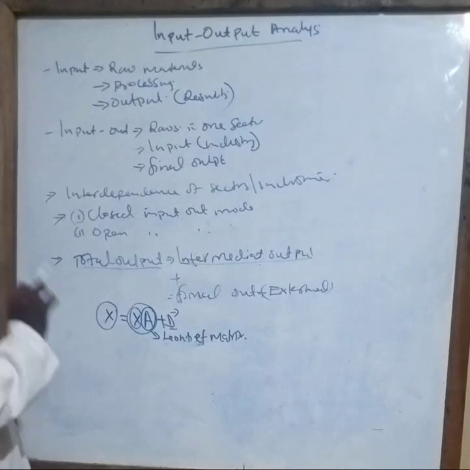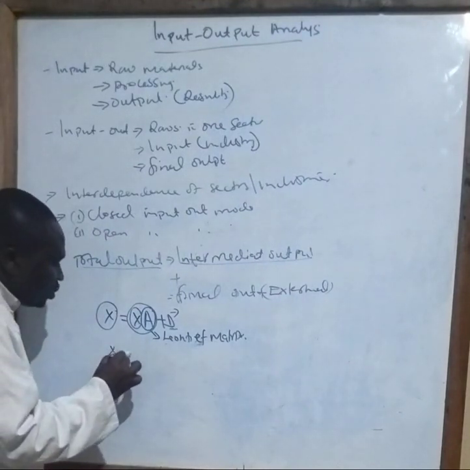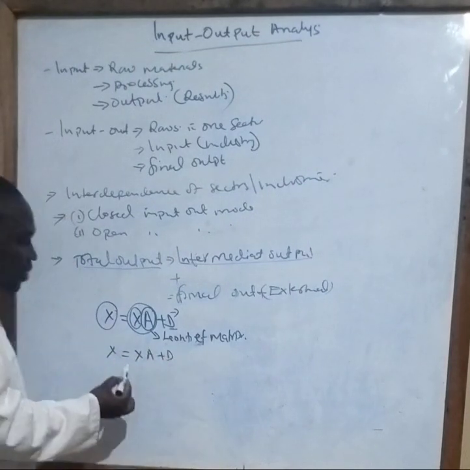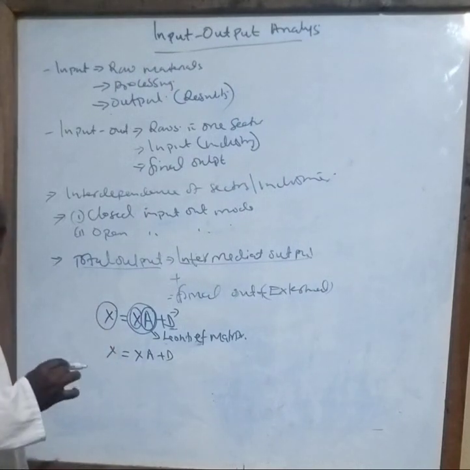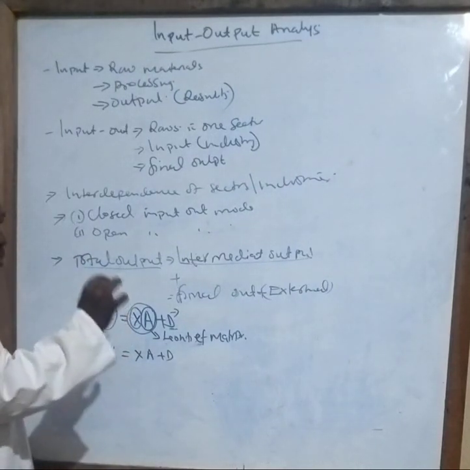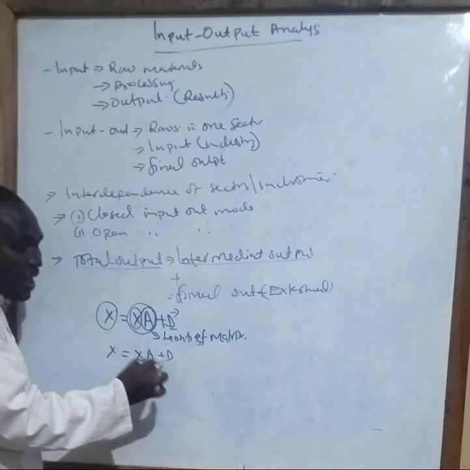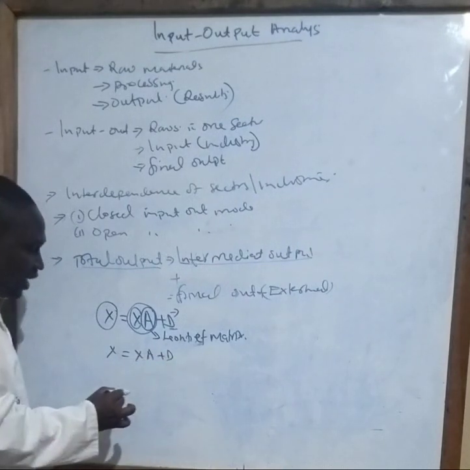So let's now make X the subject of the formula. X equals XA plus D, whereby we have said X is the total output, which is the intermediate output plus the final output, which is external in this case.